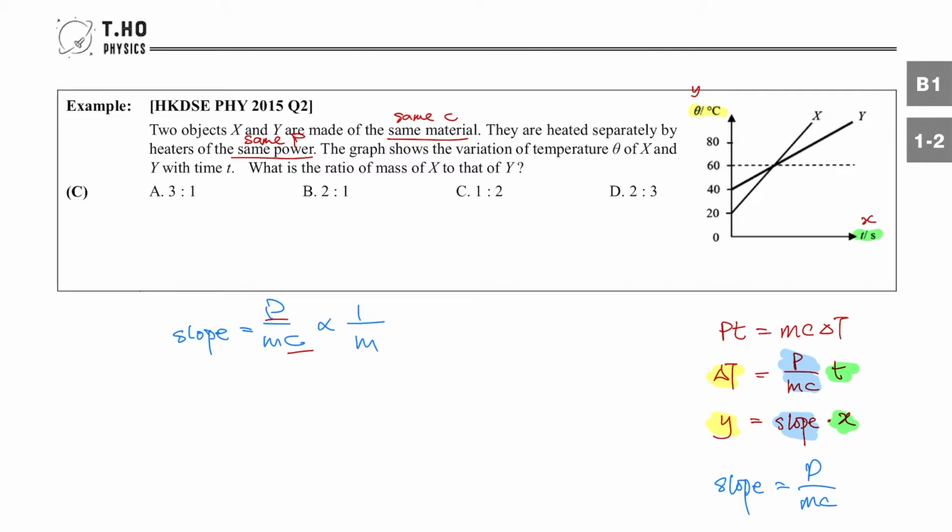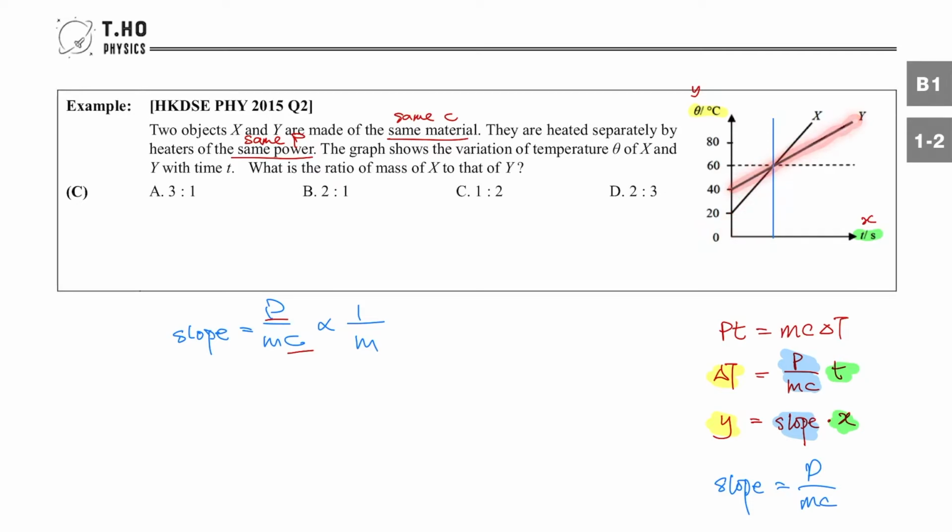Now, we'd like to see what is the ratio of the slope. As we can see, for the curve of X, from the origin to this point, going along the curve of X, we have risen 40 degrees Celsius in the same period of time.